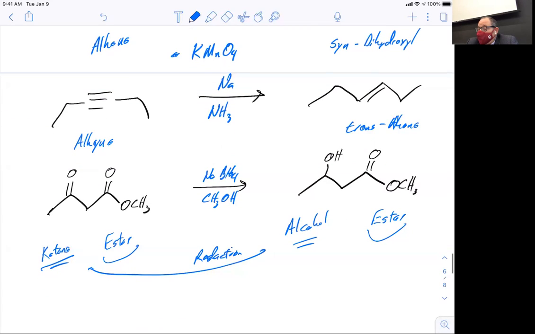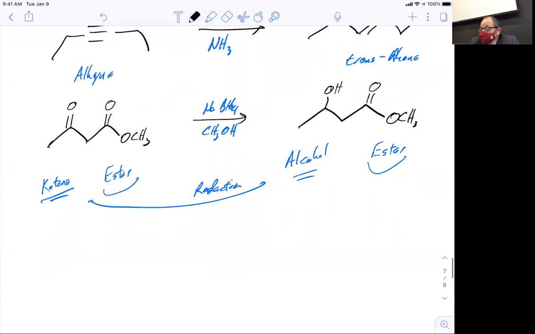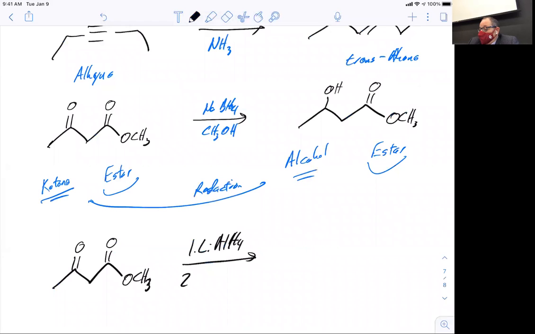Now if I had used lithium aluminum hydride, I would have reduced both of those.